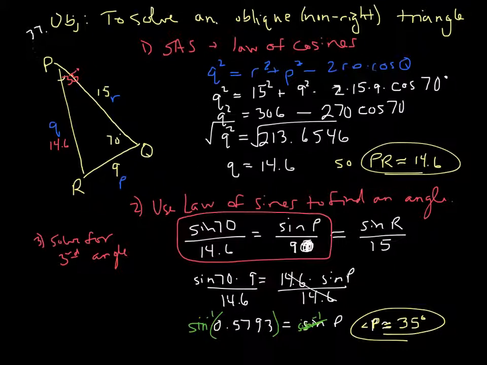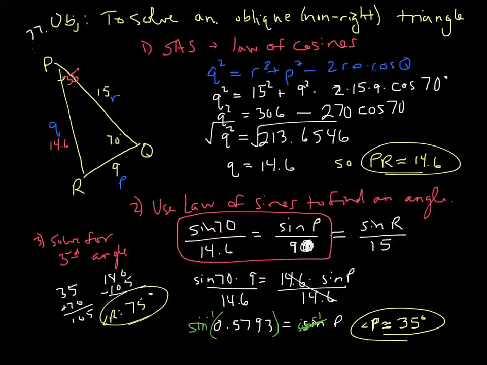So, I'm now doing 35 plus 70, getting a good old 105, 180 minus 105 is giving me the angle R is equal to 75 degrees. Done deal. I've got my 3 pieces of information, angle R, PR, and angle P. So that's a second example of how to solve an oblique non-right triangle.